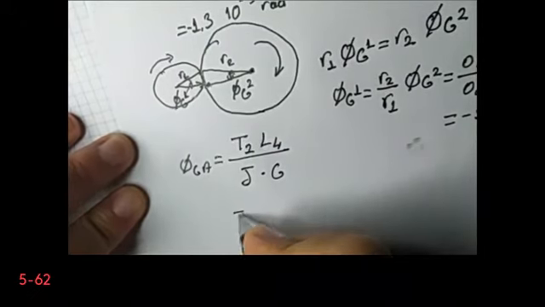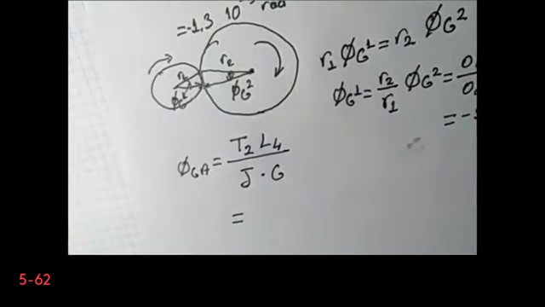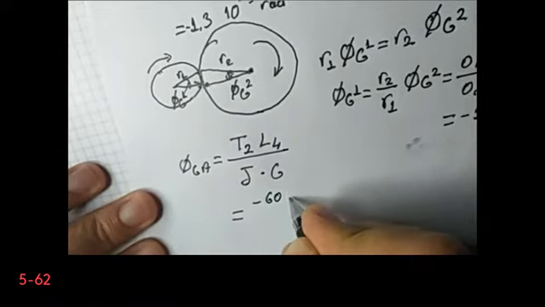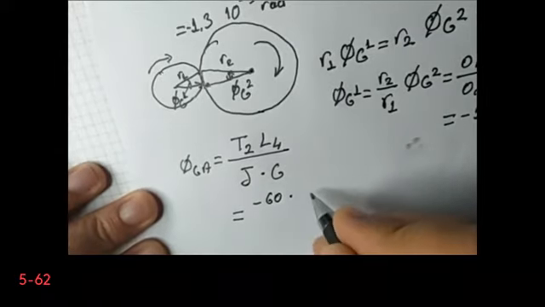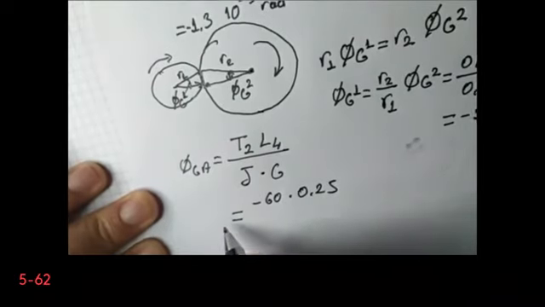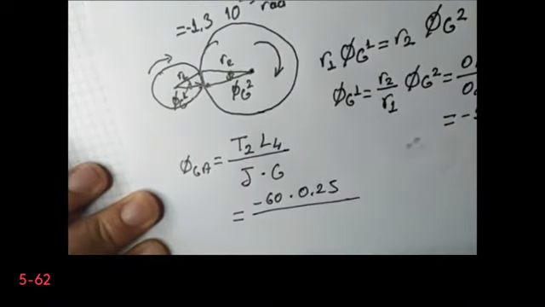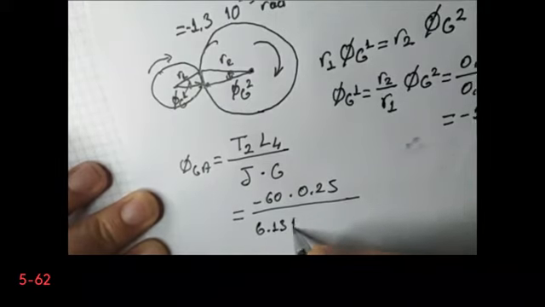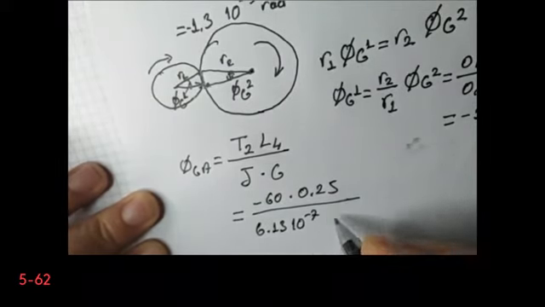Now the value for the T2, the torque, is minus 60. L4 is equal to 0.25. Rotational moment of inertia is 6.13, 10 to the power minus 7.